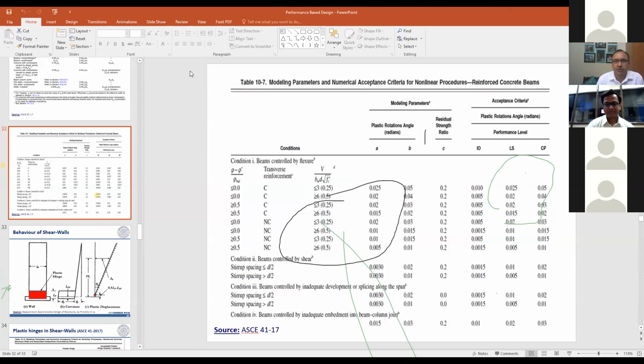I have already got one request for arranging a lecture on non-structural performance, because today we mostly covered structural performance. So we can think of non-structural performance also, how to estimate and ensure performance of non-structural components.